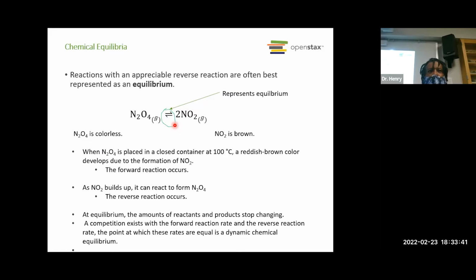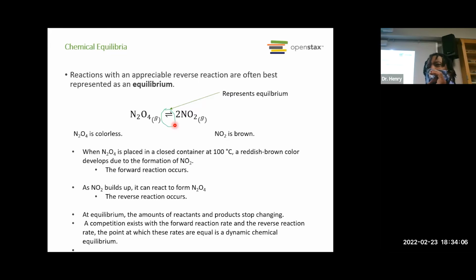It means that you have both a forward reaction and a backwards reaction. A lot of reactions that happen aren't complete reactions, meaning they're reversible. They're able to go both directions. At equilibrium, the amount of the reactants and the products stop changing.